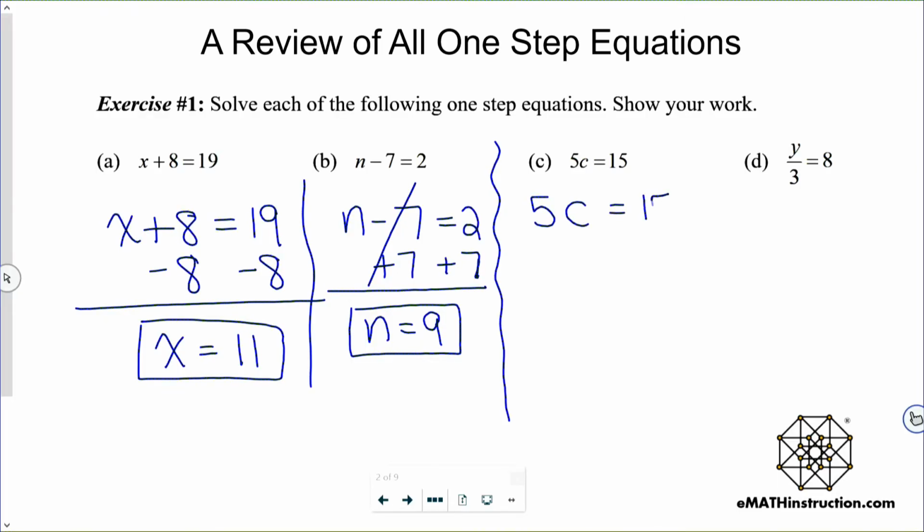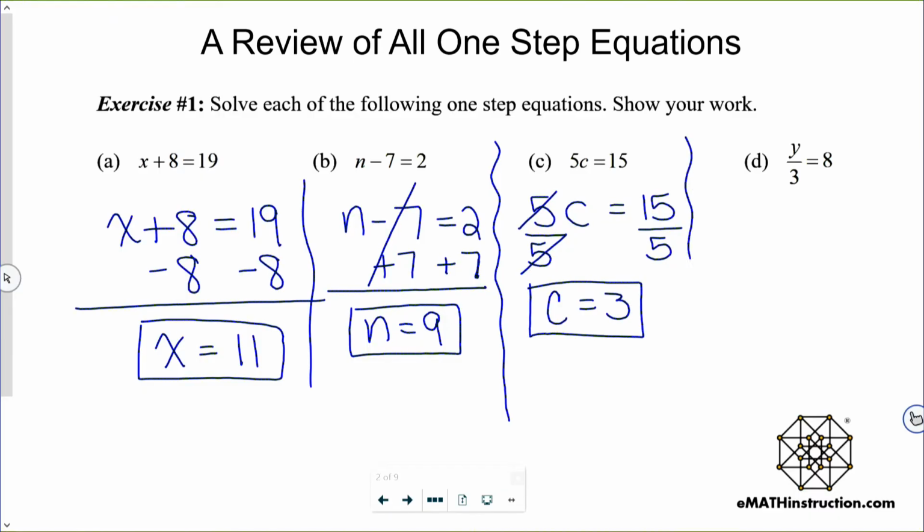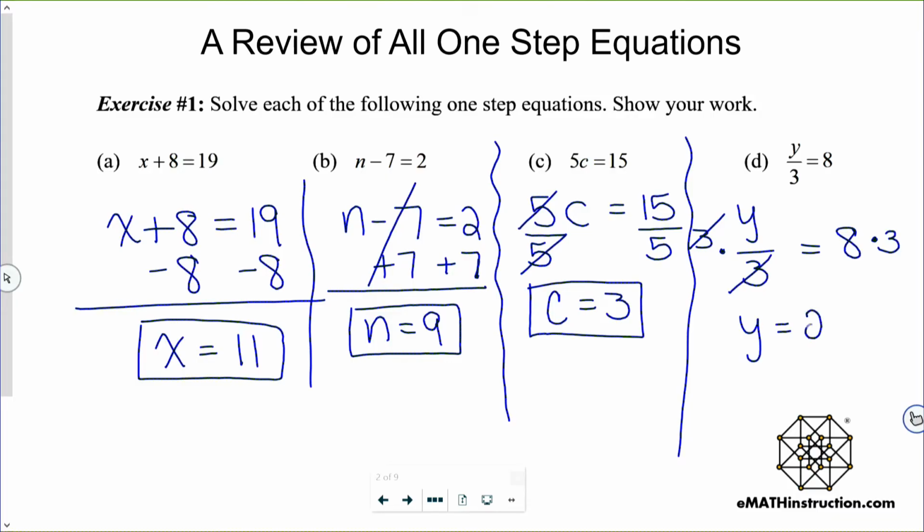In order to solve this, I need to undo the multiplication of the c by 5 by dividing both sides by 5. 15 divided by 5 is 3, so c is equal to 3. And finally, in the last equation, I have y divided by 3 is equal to 8. So to undo that division by 3, I'm going to multiply both sides of this equation by 3. That division and multiplication cancel each other out. 8 times 3 is 24.